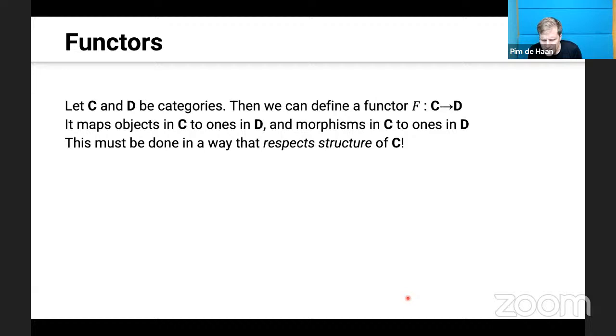I see a question. What's the difference between a group G and a group BG? That's a great question. How I see it is basically a notational thing. The group G refers to a group in the common notation of a group, and what I call BG is a category with a single object whose set of morphisms is the set of group elements.